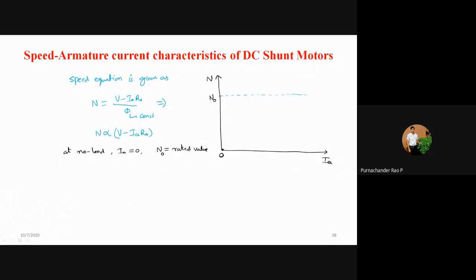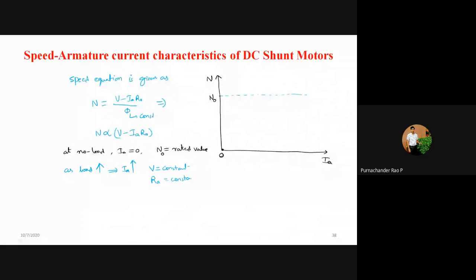Then, as the load increases, as a consequence your armature current increases. But V is a constant parameter, your supply voltage is constant, and your armature resistance is also constant.